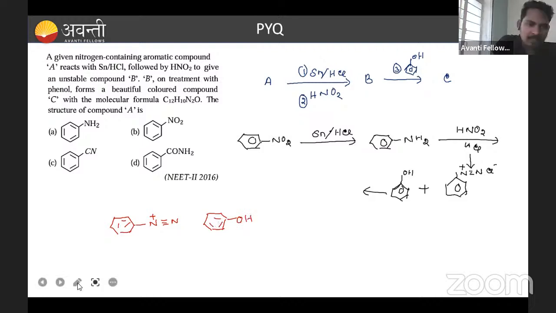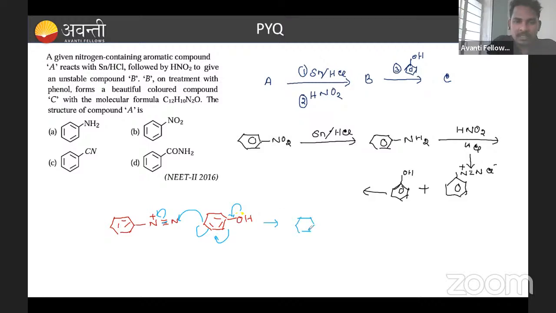We know this can push electron here. This is electron deficient, this can move in this direction, and this can attack this. Have you understood this? So after this one, we can have this coupling reaction. This is what we call a coupling reaction.